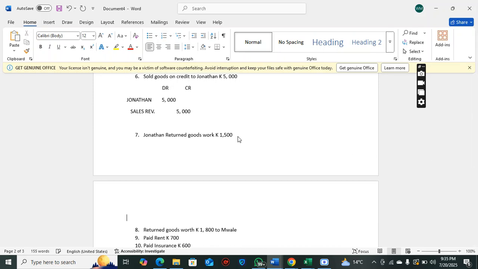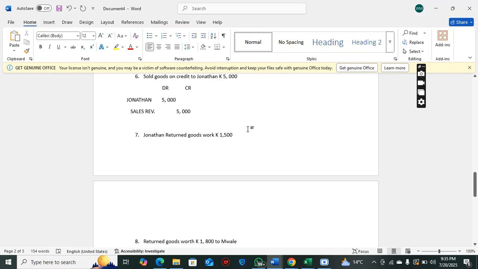Now, the next transaction, Jonathan returned goods worth 1,500. So we sold him goods on credit for 5,000. Then he comes back and says goods worth 1,500 can either be damaged, expired, or the wrong goods. So he's returned them back. So when a customer returns goods, take note of this.